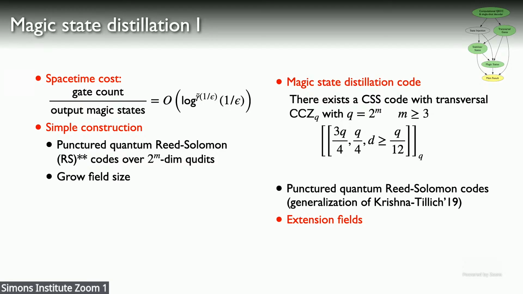And the usage of the extension fields is actually quite important because this allows you to convert back to qubits. For just generic, say, seven-dimensional qudits, for example, it'd be quite difficult to relate them back to the initial qubits, for which you need the magic states.